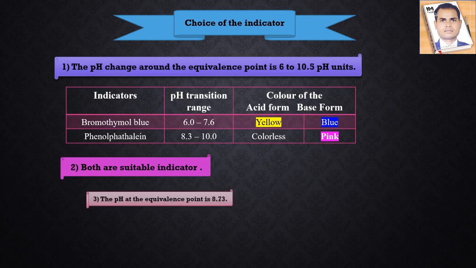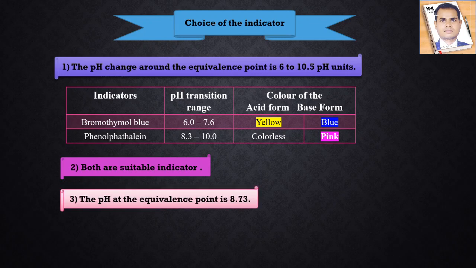We should know the equivalence point for this titration, which is 8.73, and this value lies within the pH transition range of the phenolphthalein indicator, 8.3 to 10.